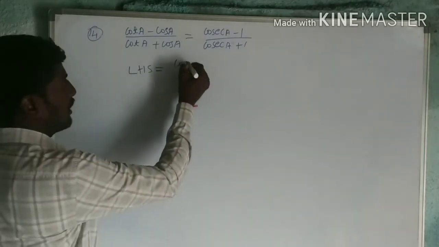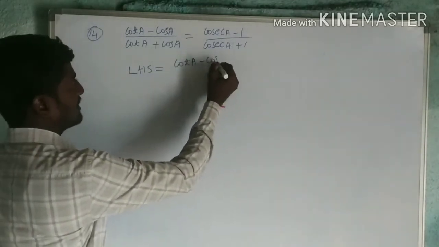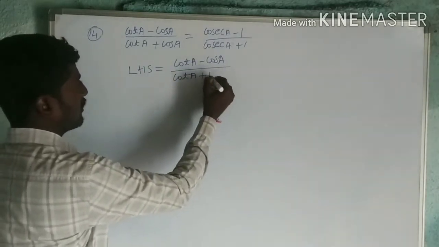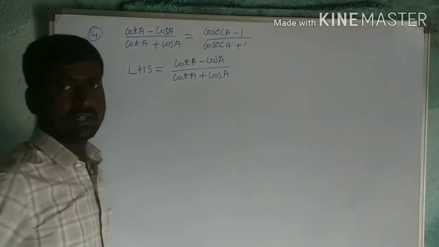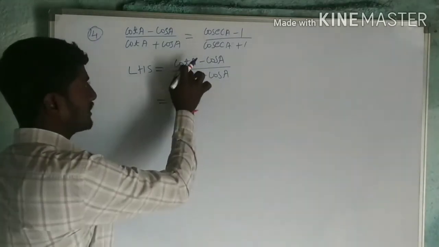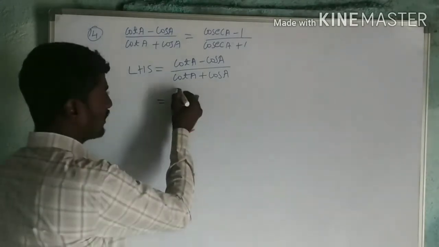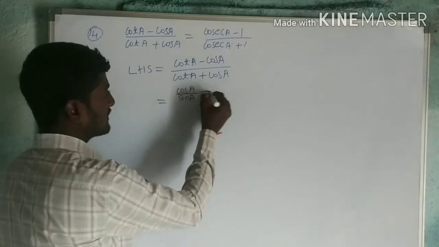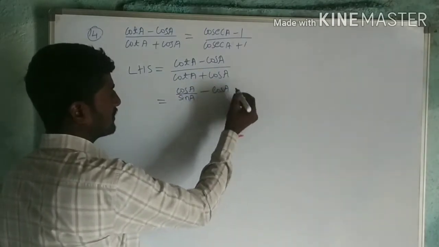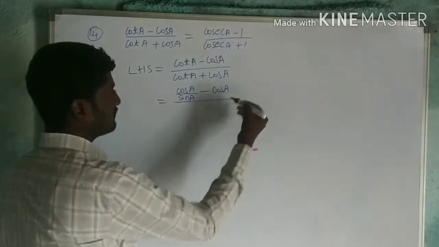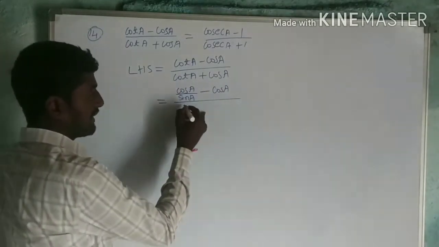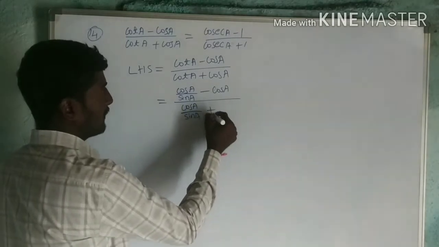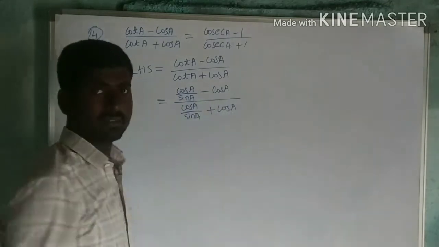LHS is equal to (cot A minus cos A) divided by (cot A plus cos A). Okay. Now this is equal to, this cot A can be written as cos A divided by sin A minus cos A, divided by, here also same, cot A can be written as cos A divided by sin A plus cos A. Okay.